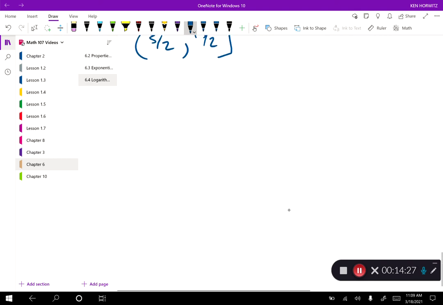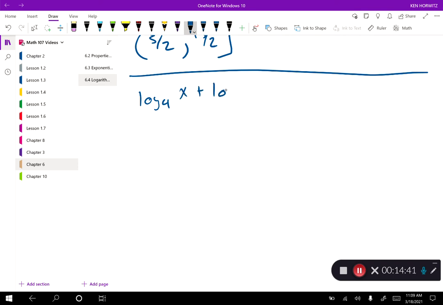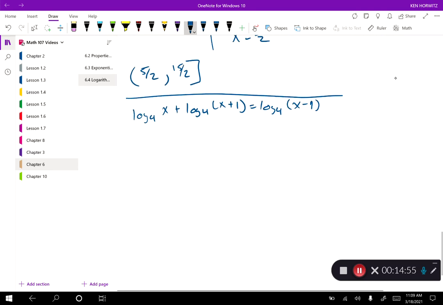So again, not going to spend too much time on this, but I thought you should see one. All right, last problem, and now we're going to have logarithmic expressions on both sides. So I have the log base 4 of x plus the log base 4 of x plus 1 equals the log base 4 of x minus 1 plus the log base 4 of 6.